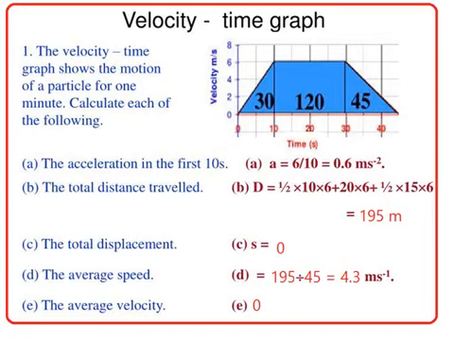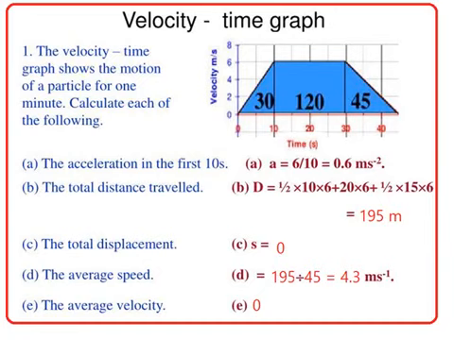The acceleration in the first 10 seconds. So we are being asked to calculate the acceleration in the first 10 seconds, and the acceleration is for the sloping line. The sloping line has a height of 6 meters per second, and the base value is 10 seconds.